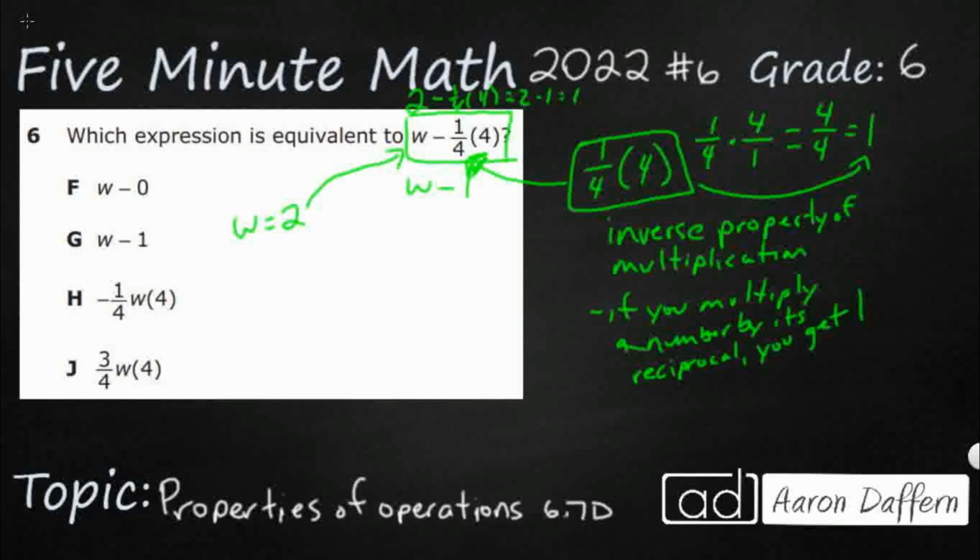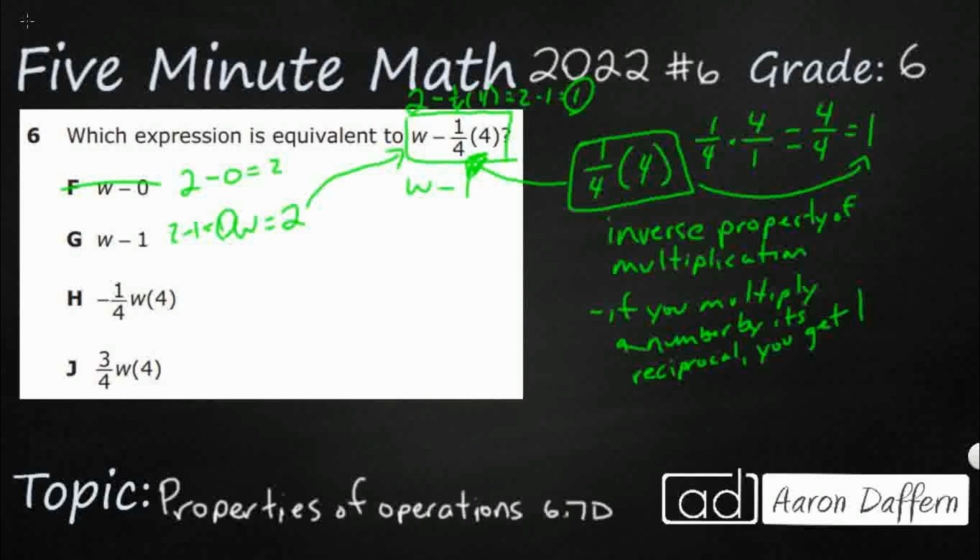Okay, so let's just plug in this 2. Well, this is going to be 2 minus 0, so that equals 2. So that's incorrect. We're thinking it is G, because 2 minus 1 definitely equals 1, which is what we got when we plugged in just a random number for W.